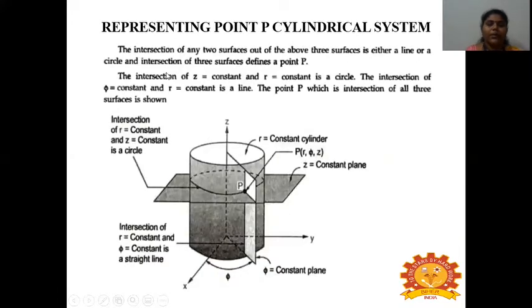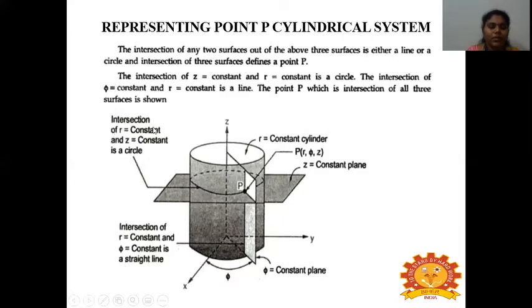Next, to represent a point P in the cylindrical coordinate system, the intersection of any two surfaces out of the above three will be either a line or a circle. And the intersection of the three surfaces will define the point P. If r is equal to constant, we get a cylinder. If z is equal to constant, we get a plane which is parallel to xy.